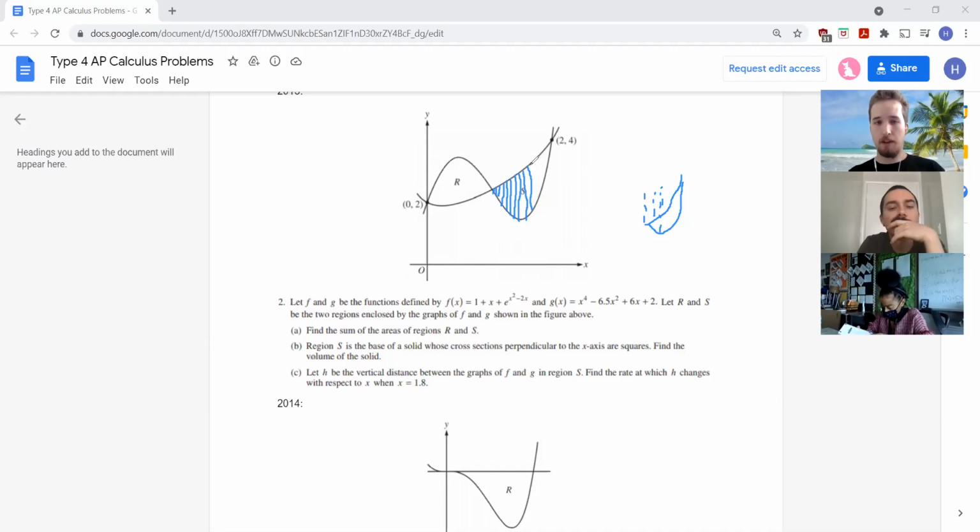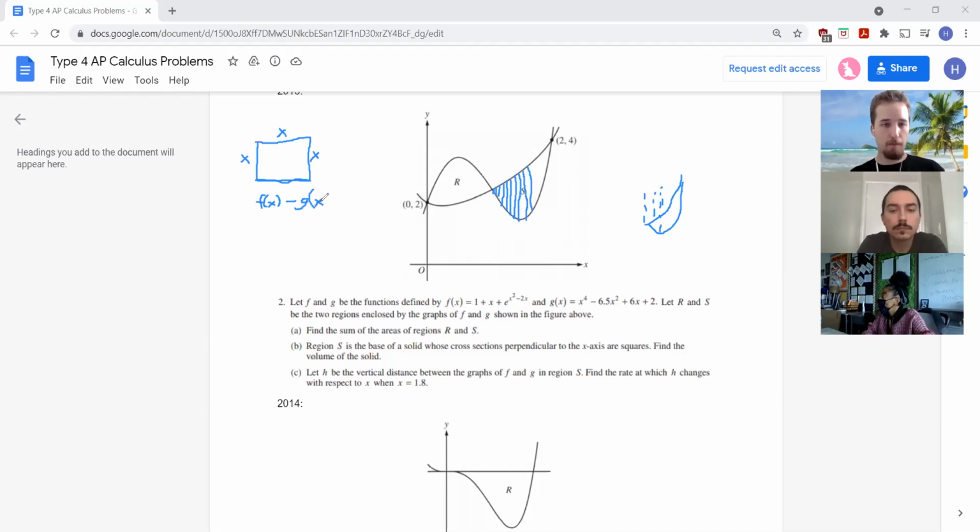So what do we know about squares? All four sides are equal. If the bottom is the base, we know that this is f of x at the very bottom minus g of x.